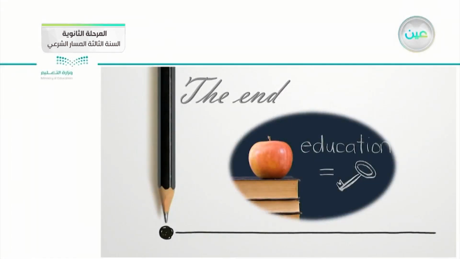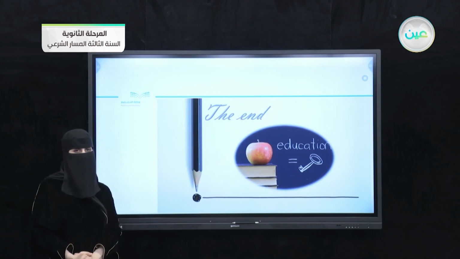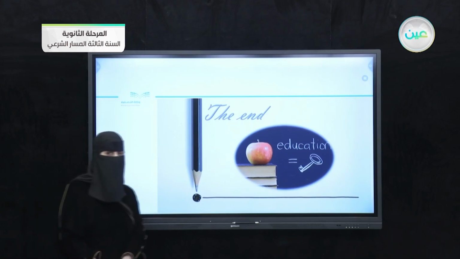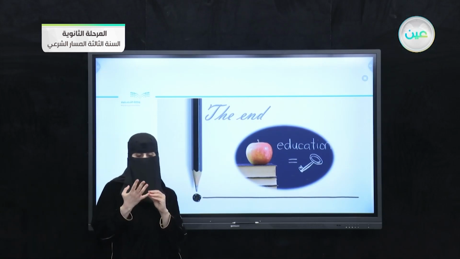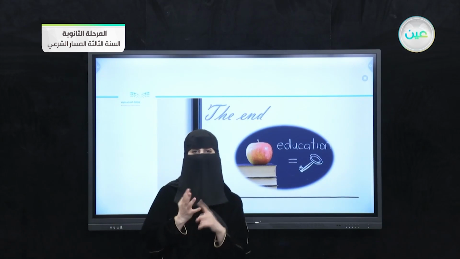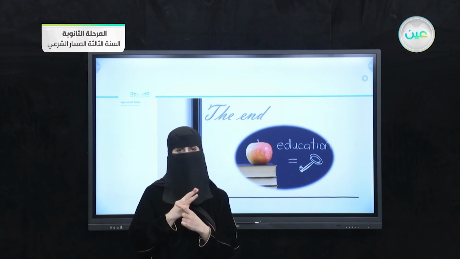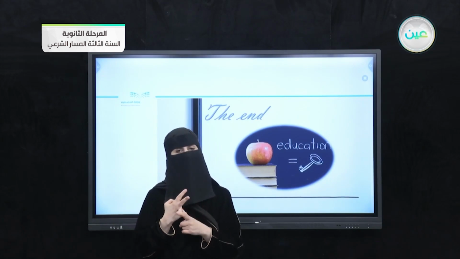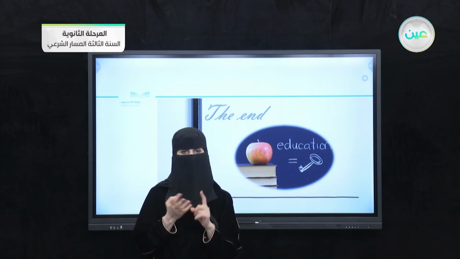Okay. Before I close our lesson today, I will summarize what we discussed. We divided our lesson into 2 parts. In the first part, we talked about Unit 1 and the most important elements: grammar, meaning, and the vocabulary or synonyms of it.